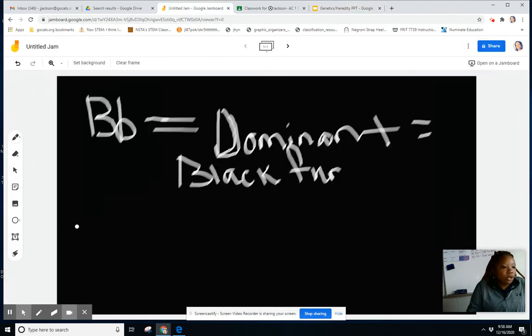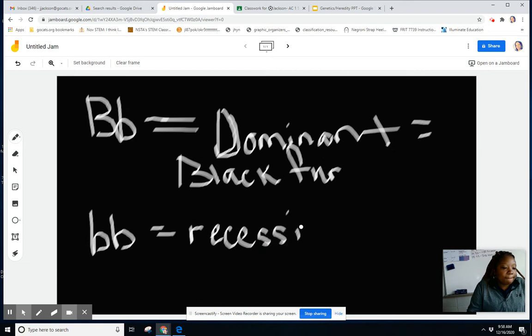So we're going to do little b, which equals recessive. Little b is going to be recessive, and that's going to equal white fur.